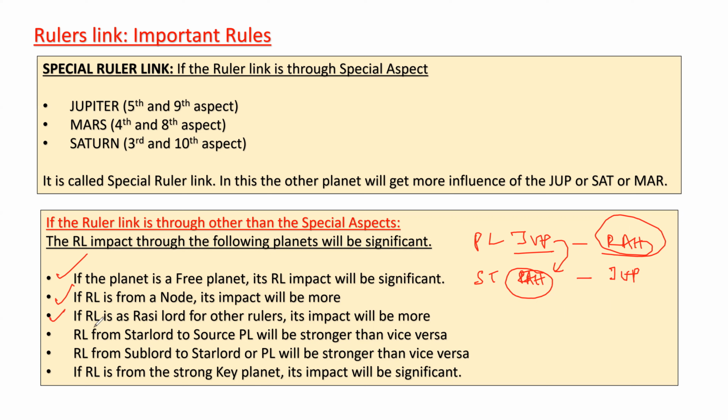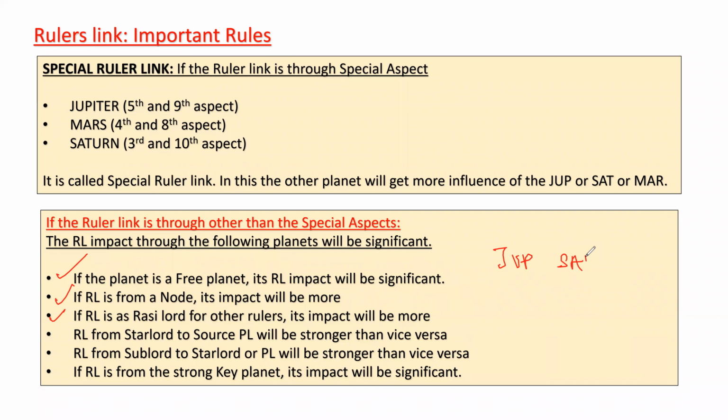The next point is if the ruler link is the Rasi Lord for other rulers. How? I'll tell an example. Same Jupiter, I will take it. Suppose Jupiter is in the sign of Saturn, and of course it is in the sub of Saturn. The planet is Jupiter, the sublord is Saturn.